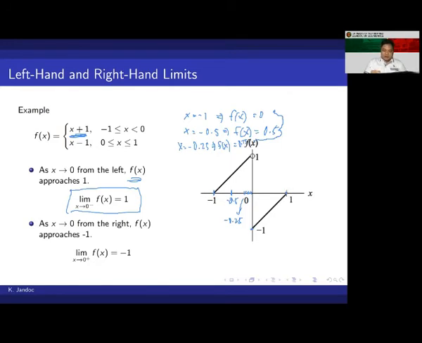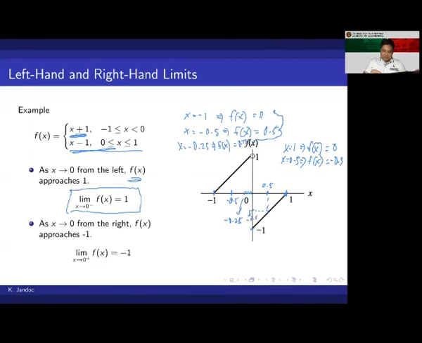Now let's approach 0 from the right, meaning from values bigger than 0. If you have x equals 1, then you have f of x. This is now the relevant part of the function. So f of x is equal to 0. That's this point here. Then if x equals 0.5, then f of x is equal to 0.5 minus 1, which is negative 0.5.